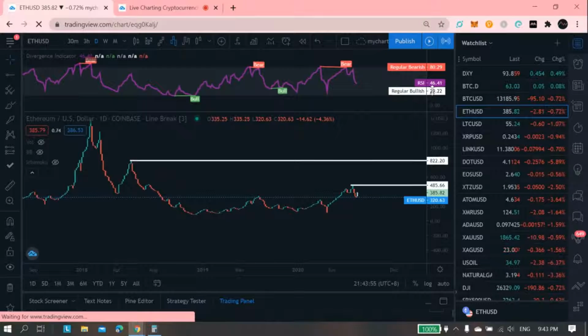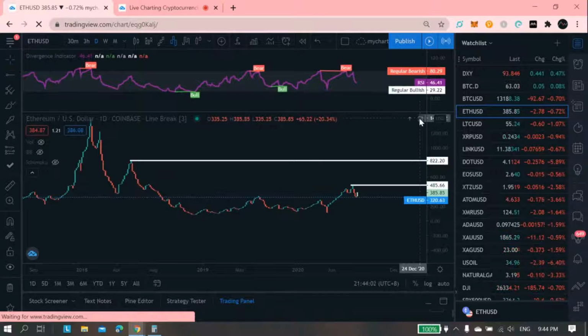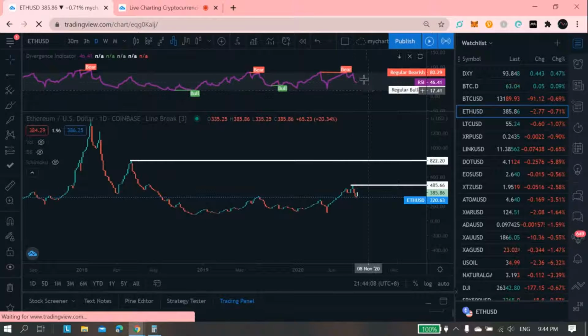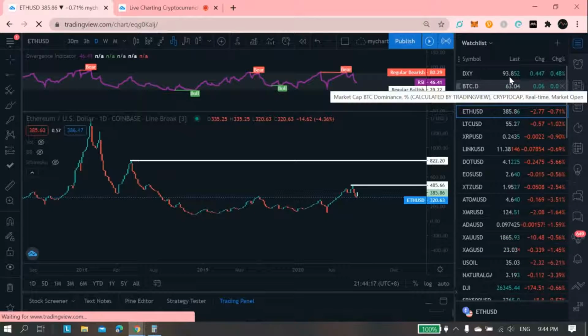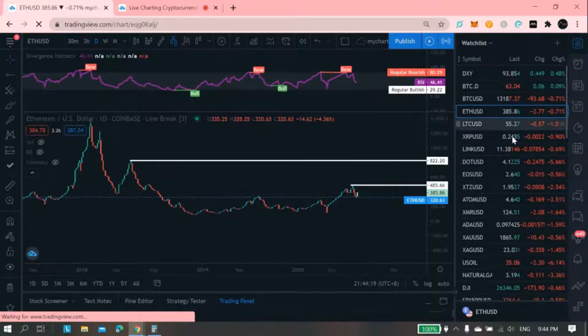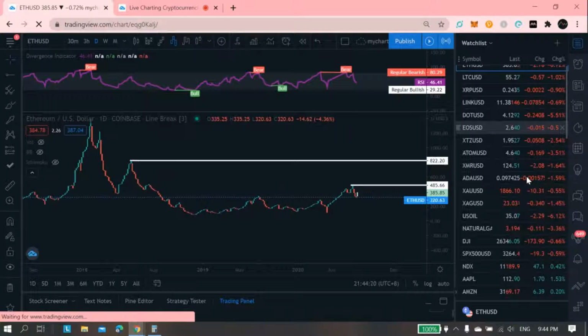Currently, it's at an RSI of 46 area. So just neutral, but going lower. Yeah, because the key thing here is the BTC dominance is getting higher. That's why most of the alts are affected.